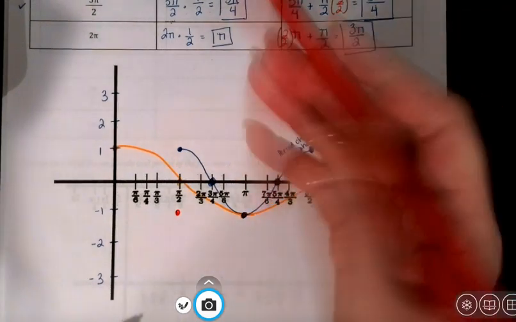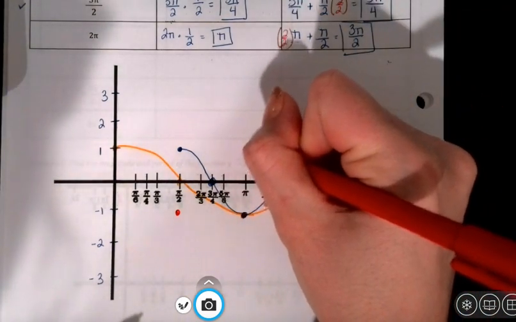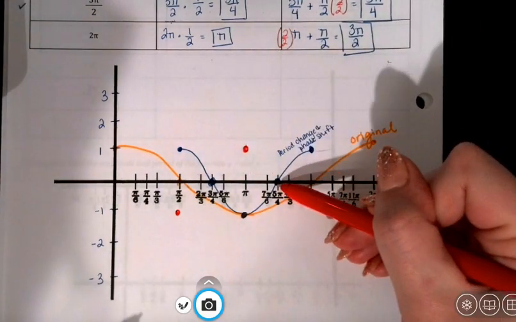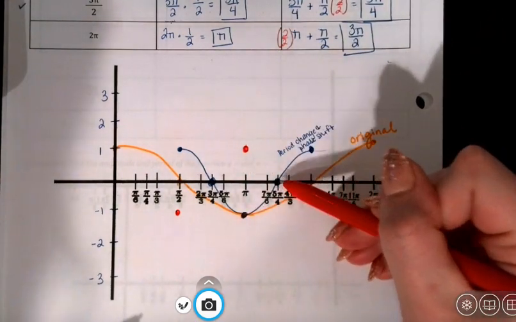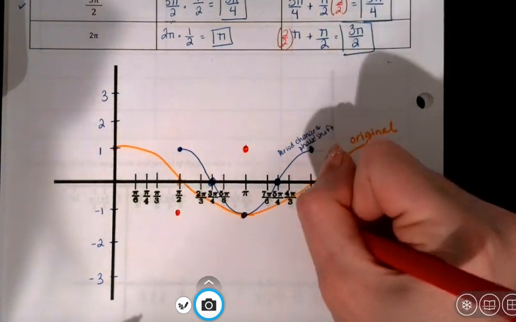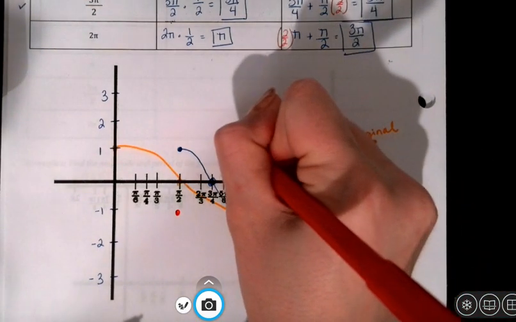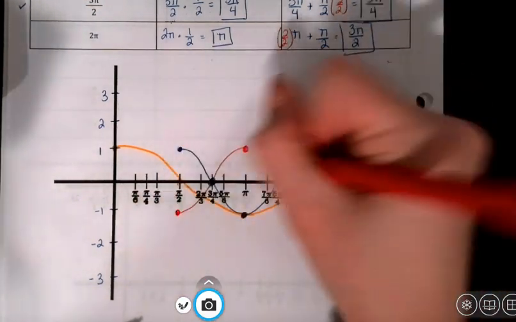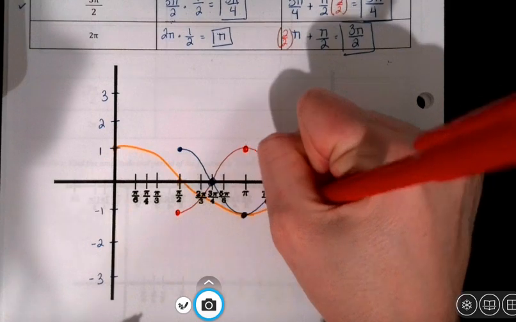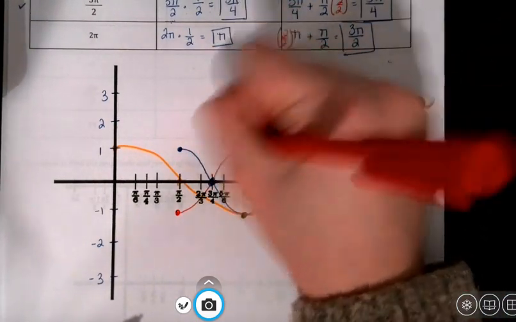This point is at negative 1, so I'm going to flip it, and it ends up at positive 1. The next point on the blue curve will stay on the x-axis, and the last point is at positive 1, so it is getting reflected to negative 1. So my final curve, after we applied all of our transformations, is this red one, and it is our final.